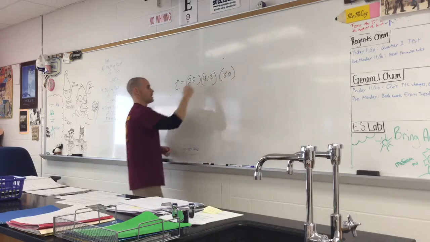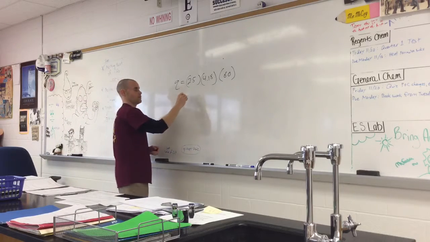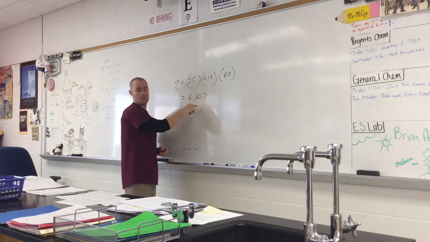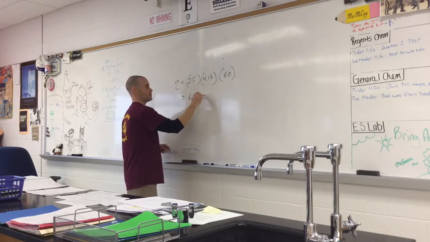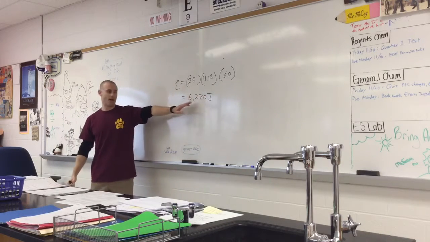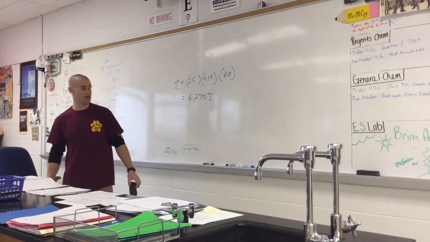Okay, so there was the setup for the problem yesterday, and Slade, what was the final answer? 6,270. 6,270 joules. Okay. All right. So I just wanted to make sure we had the right answer down for that. All right. So that was the one we went over yesterday.